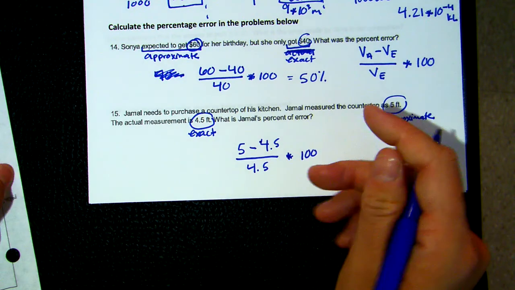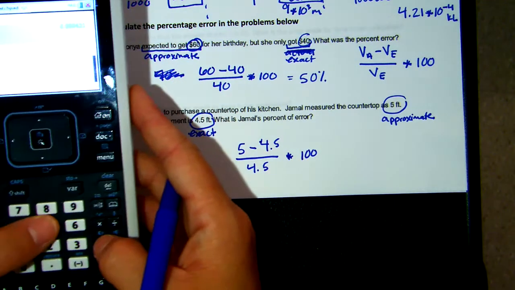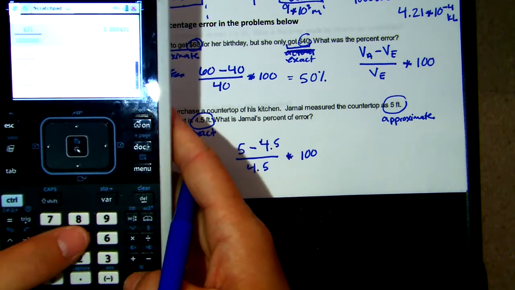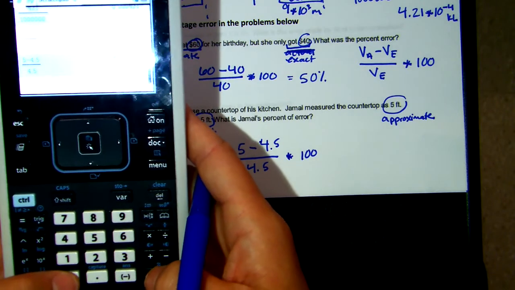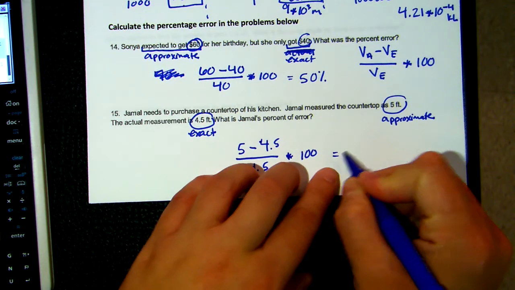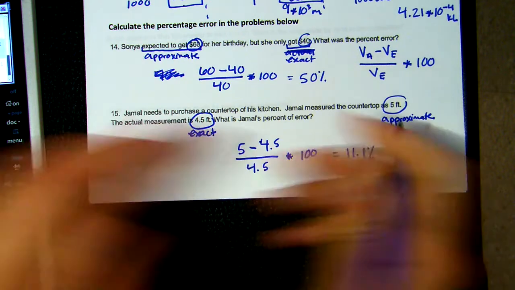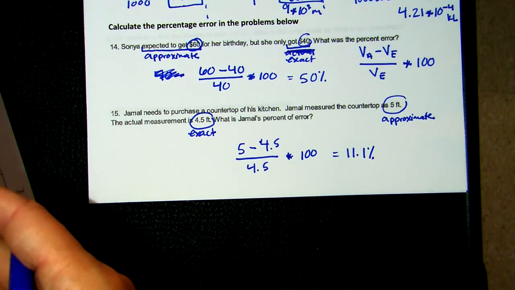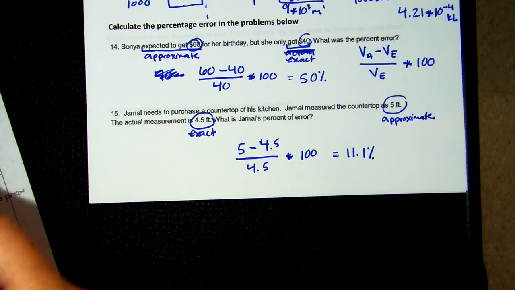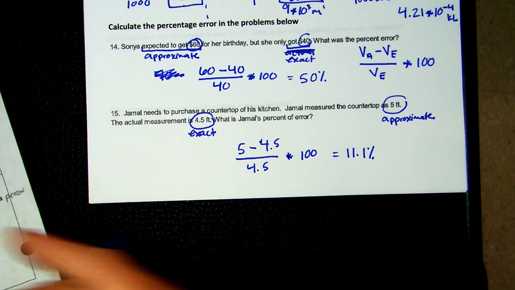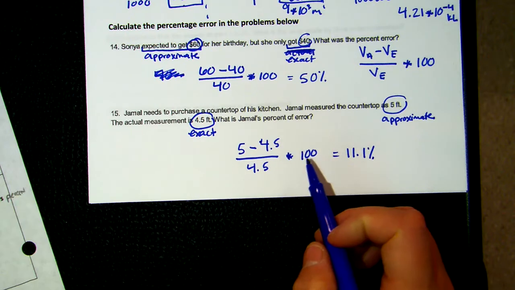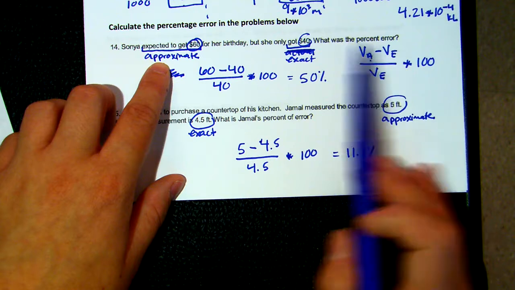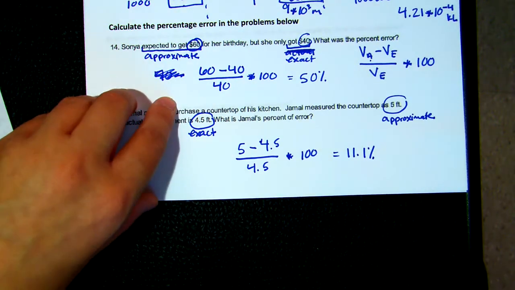Again, if I plug this in my calculator, 5 minus 4.5 divided by 4.5, multiply that times 100, I should get 11.1%. Okay, so again, the hardest part about these is really just making sure you've labeled your variables correctly, and it's confusing between A is approximate, E is exact. I just messed it up too.